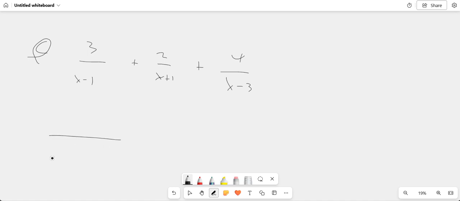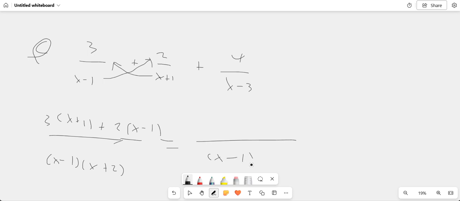So just x minus 1, x plus 1, times x plus 1 over there, so 3 times x plus 1, and then plus in the middle, and then again 2 times x minus 1 up there. So therefore, it's going to be x minus 1 here. Now combine the whole thing: 3 times x is 3x, and then 3 times 1 is plus 3, and then 2 times x is plus 2x, and then 2 times minus 1 is minus 2. So then you get 3x plus 2x, that's 5x, and then 3 minus 2, that's plus 1.